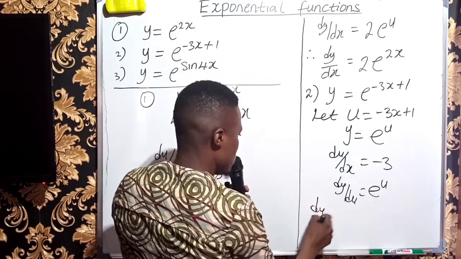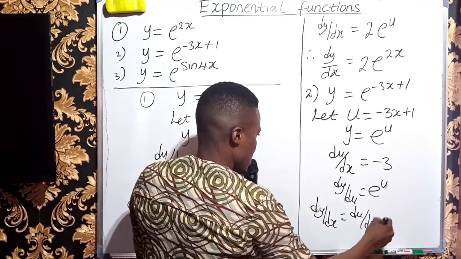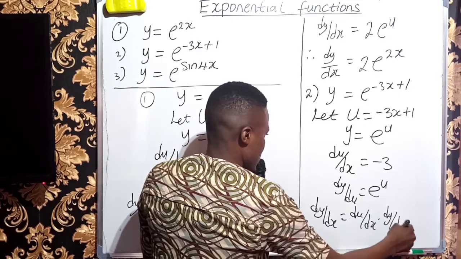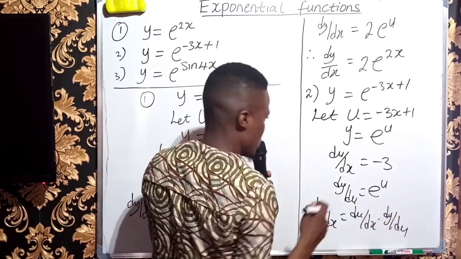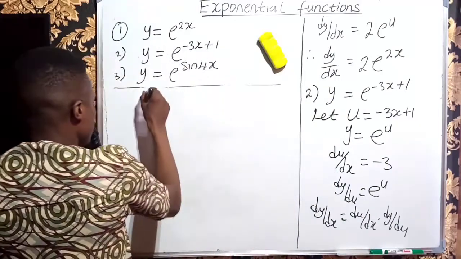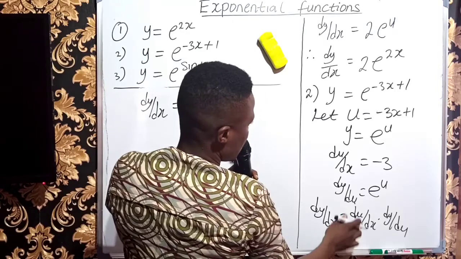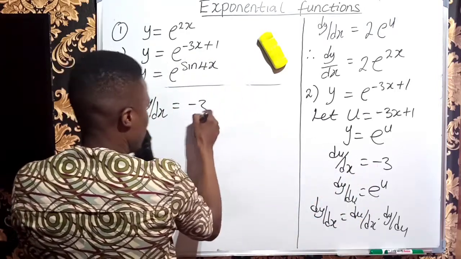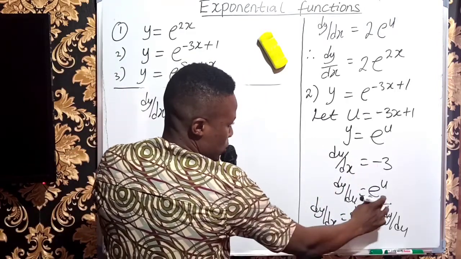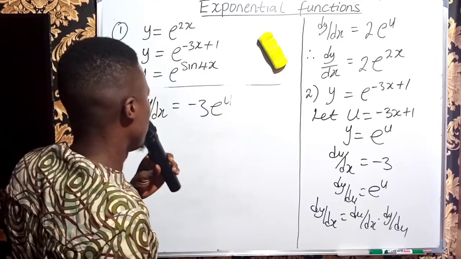Then chain rule, dy dx, which is du dx multiplying dy du, is just these two products. So finally, dy over dx will now be, du dx gave me minus 3, multiplying dy du, which is e^u. This is what it will give me, minus 3 e power of u.